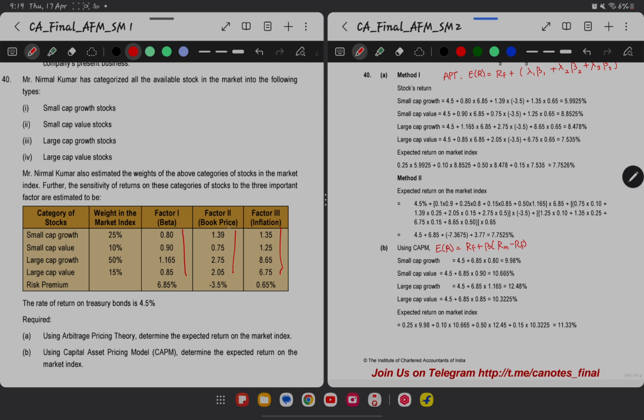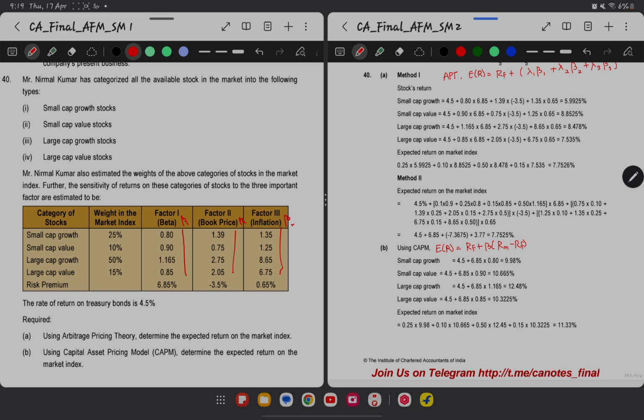And the second one is the sensitivity of these stocks towards the book price, and the third one is the sensitivity of these stocks towards inflation. So altogether these are all betas only. This is beta 1, this is beta 2, and this is beta 3. As per the APT model, we'll be calculating the expected return, which is nothing but the risk-free return plus the risk premium.